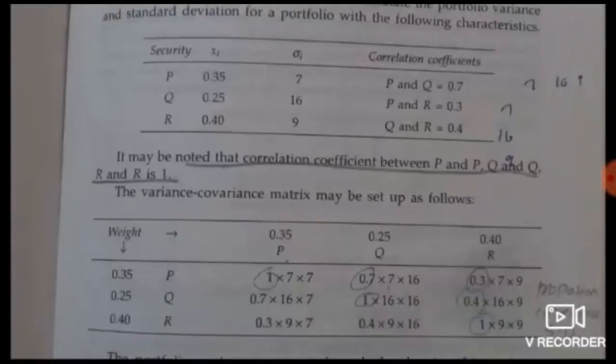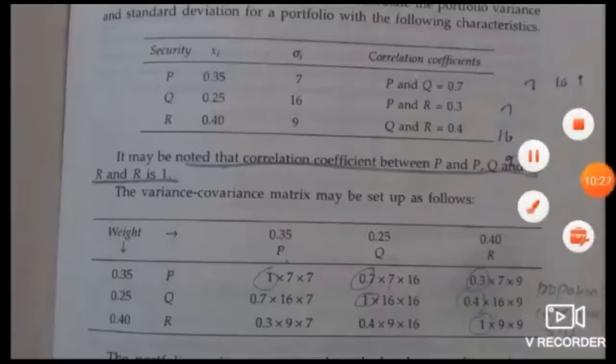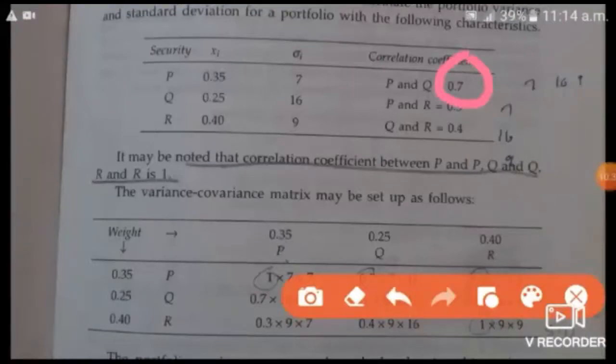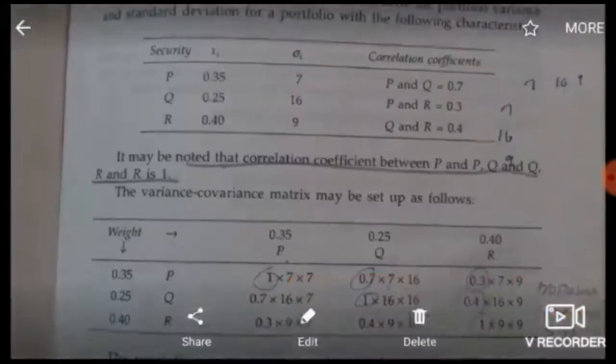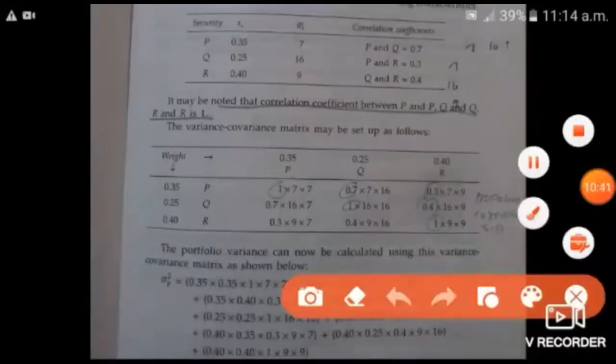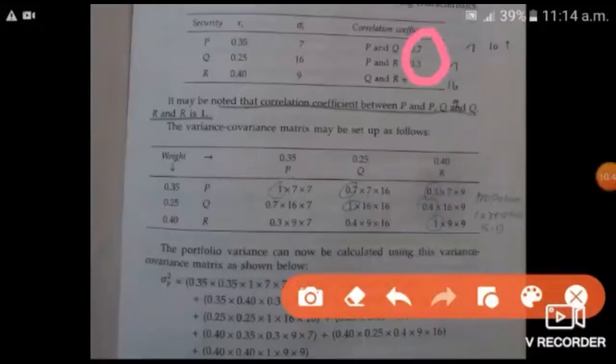The next one is 0.7 into 7 into 16, that is P and Q. Next one is P and R, so 0.3 into 7 and 9.